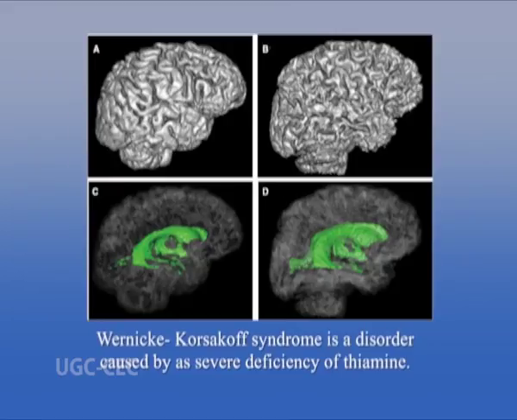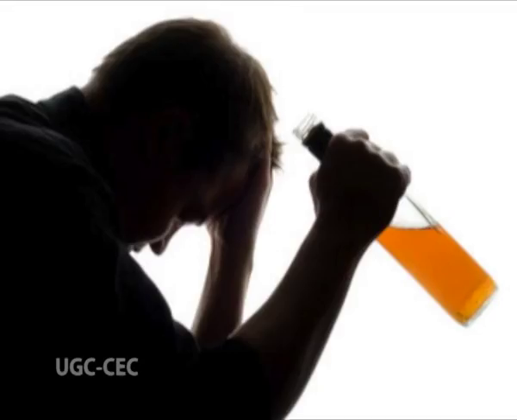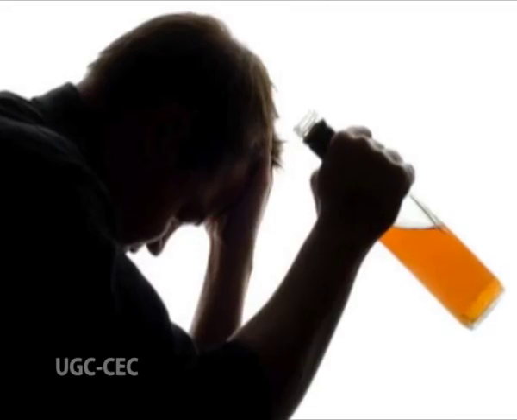Wernicke-Korsakoff syndrome is a disorder caused by a severe deficiency of thiamine. It is common in alcoholic people. This syndrome is caused by a genetic defect in transketolase, which lowers the affinity for thiamine pyrophosphate. The symptoms include severe memory loss, mental confusion and partial paralysis.